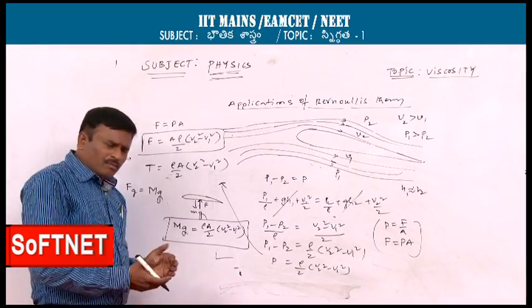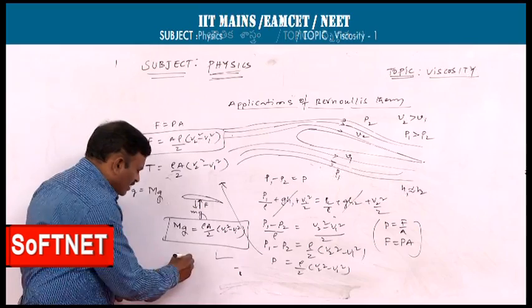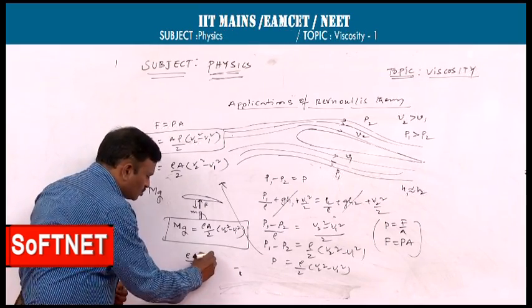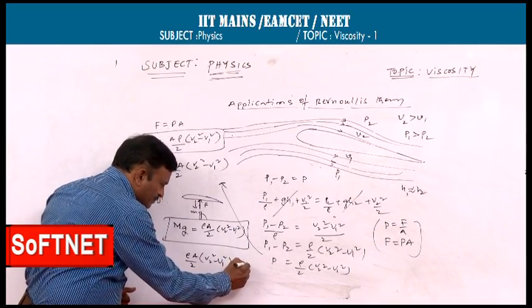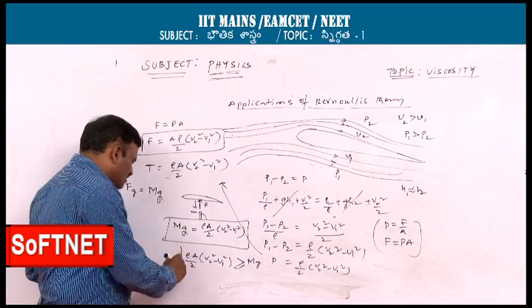It will be designed in such a way that the condition is rho A by 2 into (V2 square minus V1 square) greater than or equal to mg. Greater than or equal is the condition for the upthrust.